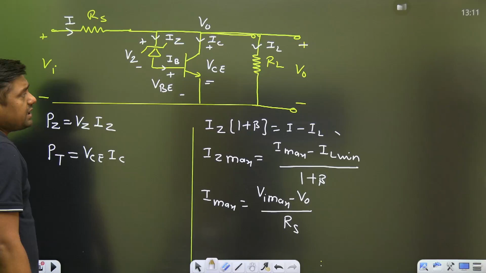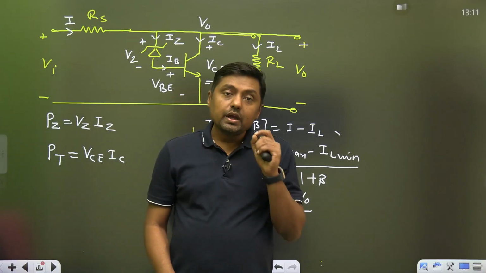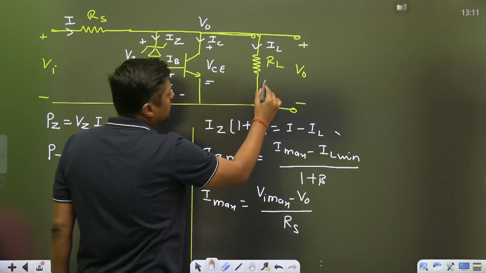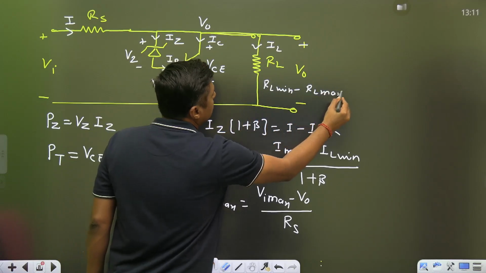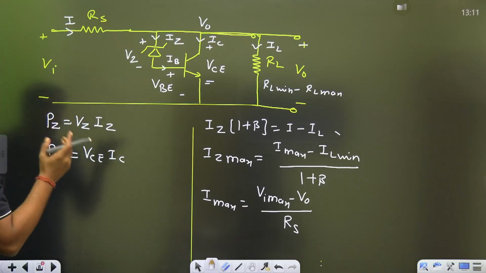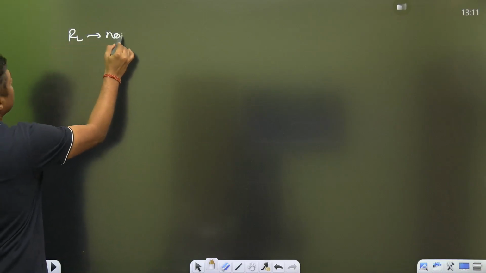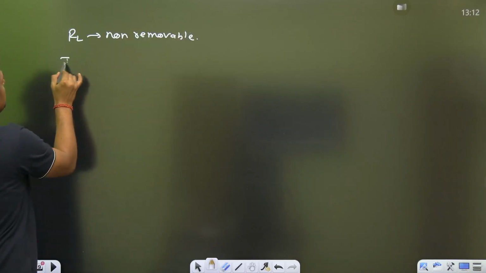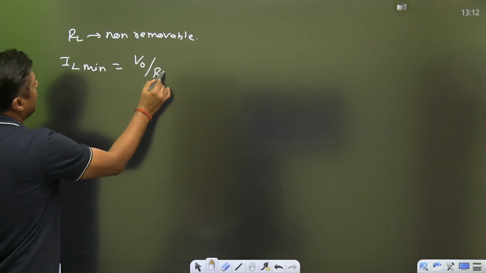Now, what is the IL minimum? There are two cases, guys. If this RL is fixed and we can't remove it, then RL will vary from RL minimum to RL maximum, and IL minimum is given by V0 divided by RL maximum.